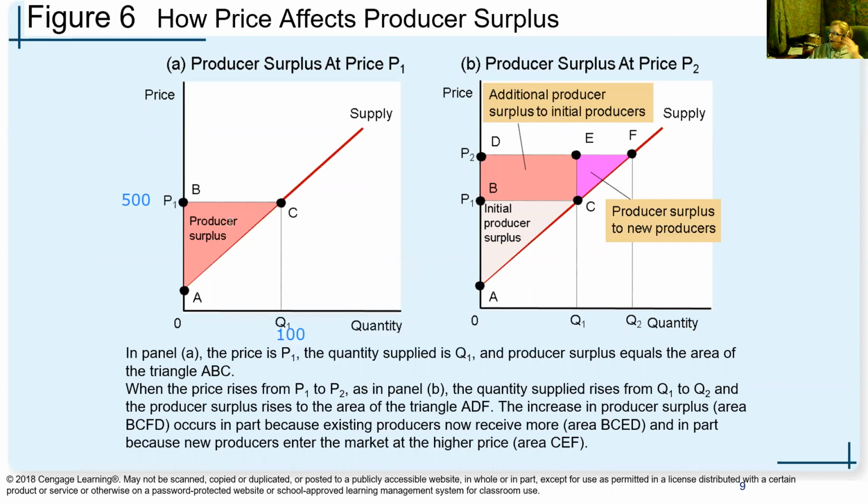Okay, so what we want to do then for our initial P1 of 500, Q1 of 100, is calculate the area of this pink producer surplus. And in order to do that, we're going to take the price in the market, 500.